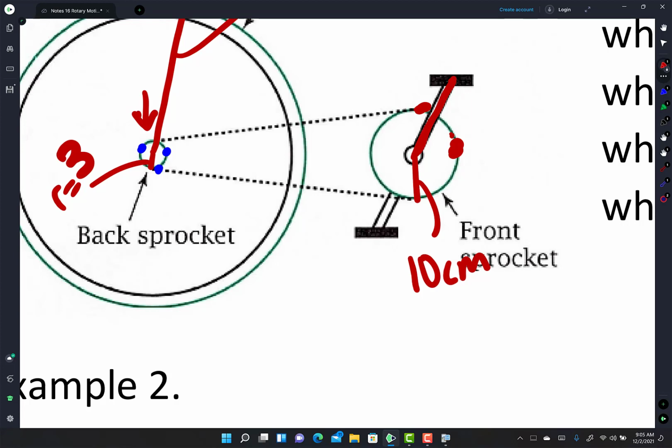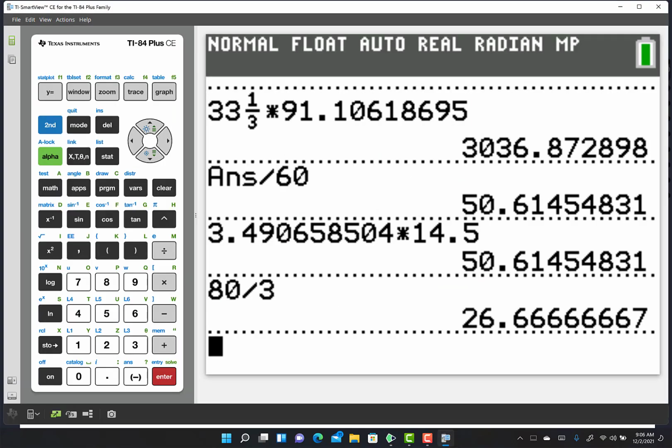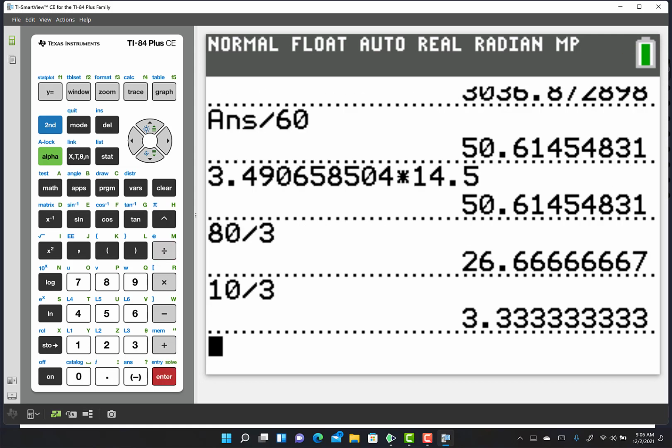So I know that my big R, the radius of the big one, is 10. And I know that my little r is 3. That ratio, 10 divided by 3, you could also do 20 divided by 6. So what this ratio tells me is that every time the big one does 1 revolution, the little one does how many? Perfect. So this is my scale factor.